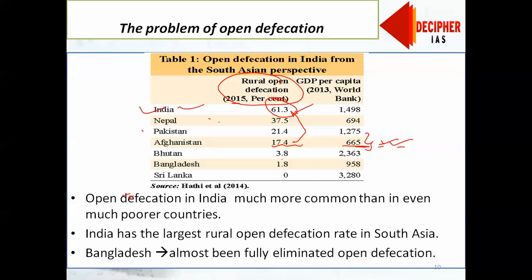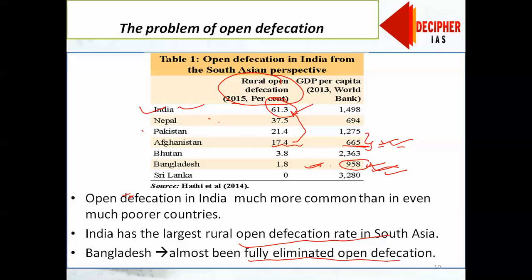Similarly, India has the largest rural open defecation rate in South Asia. Bangladesh has approximately fully eliminated open defecation, and Bangladesh's GDP per capita is lower than India's, by approximately 500-600, and it has eliminated open defecation.